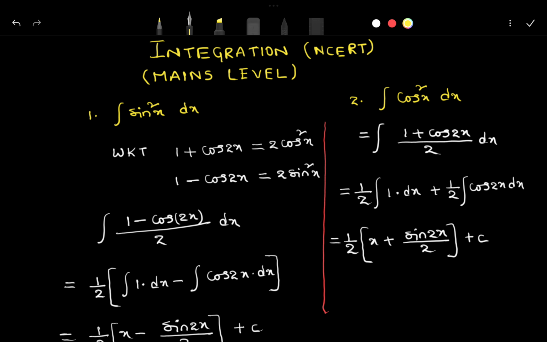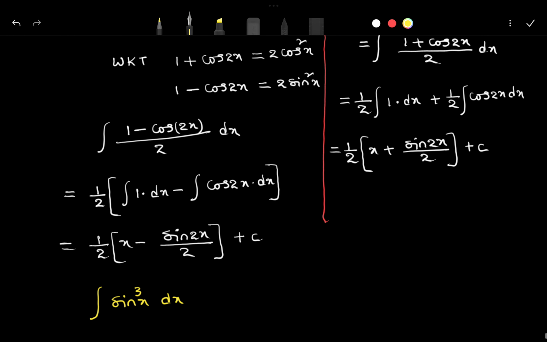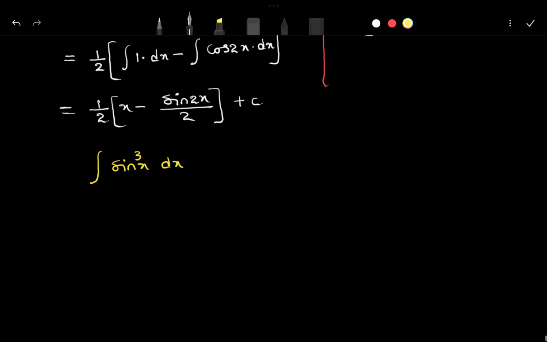By using the formulas 1 plus cos 2x for cos square and 1 minus cos 2x whole divided by 2 for sin square, you can remove the power. And similarly, how can we remove the cube here in sin cube x?